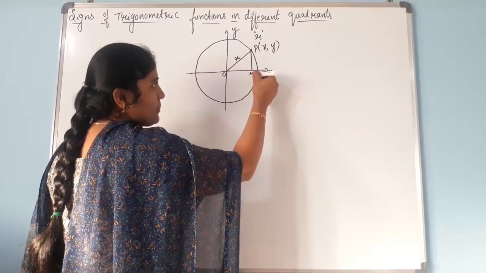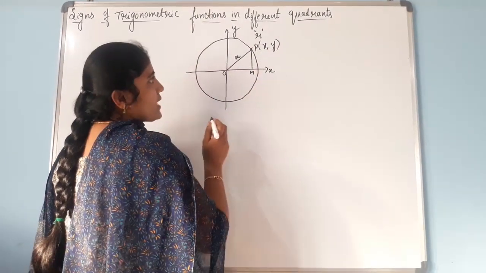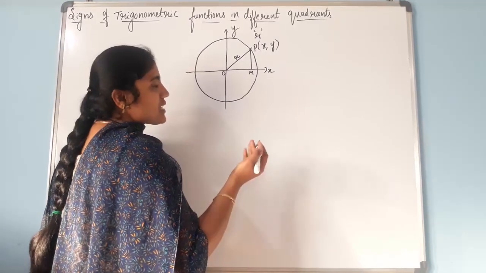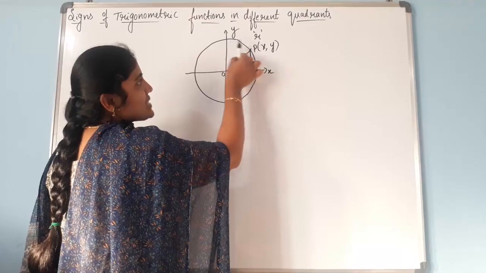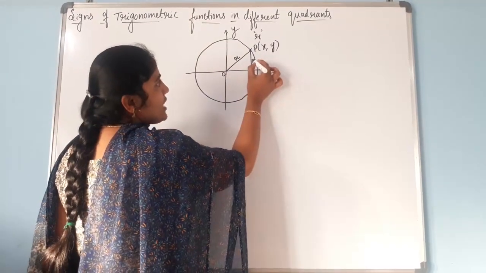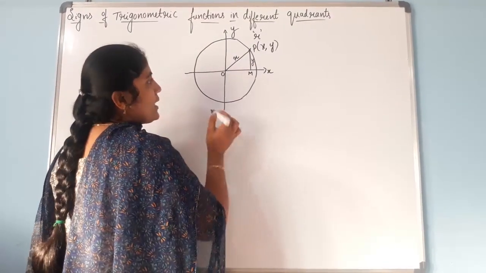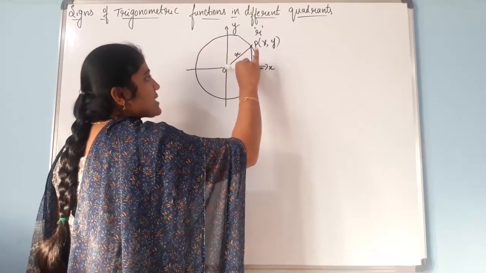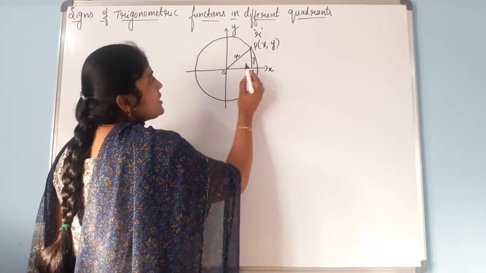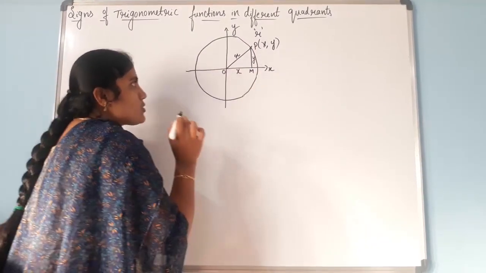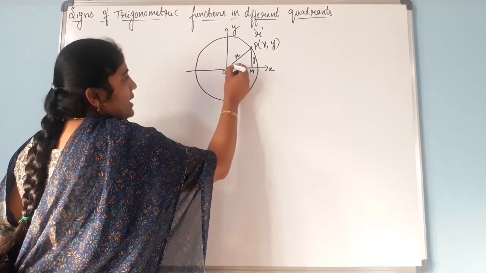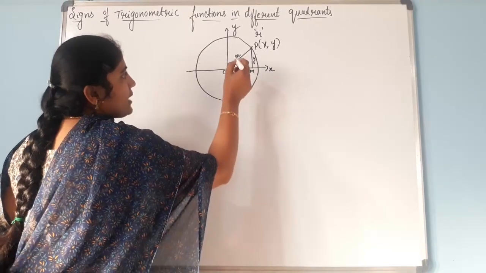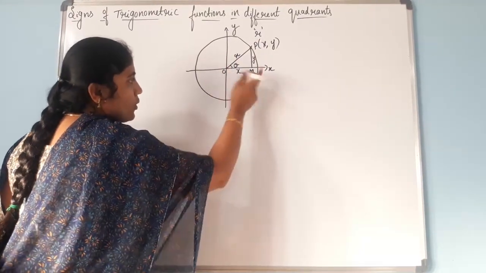Draw PM perpendicular to OX. In the previous explanation I have told you that since the line PM is parallel to the y axis, it takes the y coordinate. So PM length is y, and the line OM is on the x axis, it takes the x coordinate. So that is x. Let angle theta be the angle of the triangle POM.